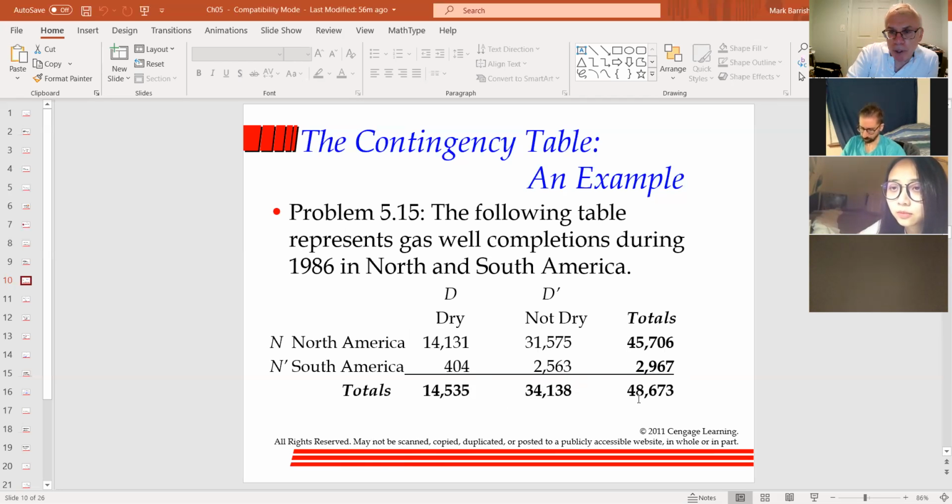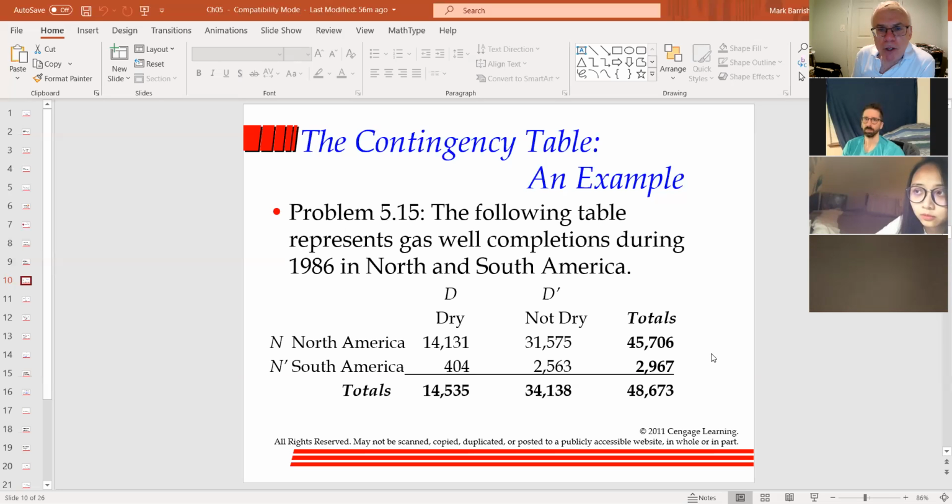Now we can use probabilities here, right? So let's see how good you are. If you picked a well at random, what's the estimated probability that the well is from South America? You don't have to reduce the fractions. Just give me the fraction.